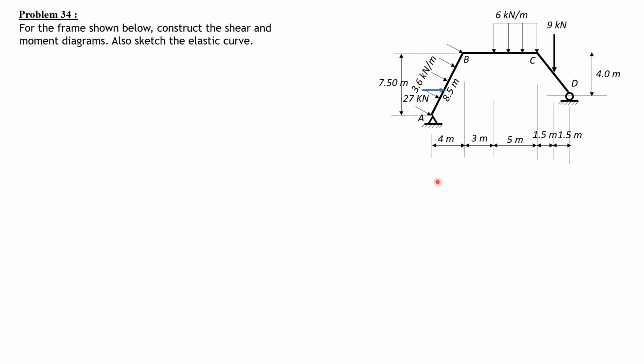The vertical component of load is downward, 3.6 times 4, the horizontal projection. And the 27 acts 3.75, or half of 7.5 meters, above A and 3.75 below A. 14.4 kilonewtons is acting 2 meters right of A and 2 meters left of A.